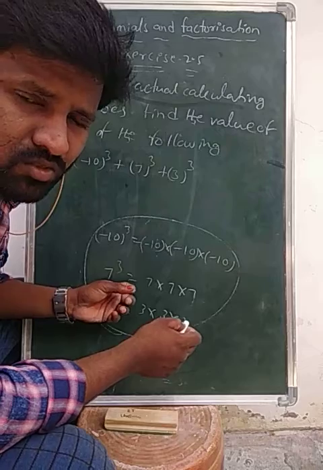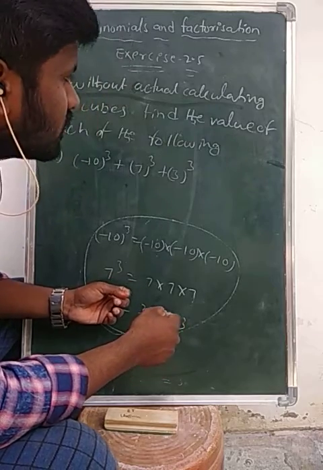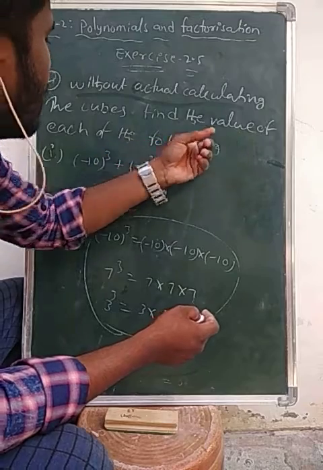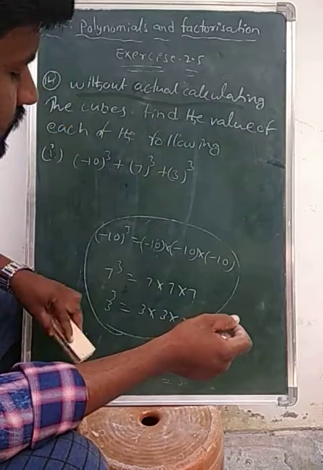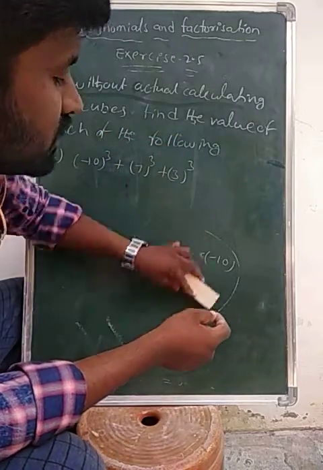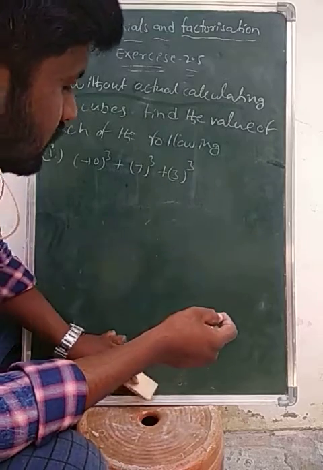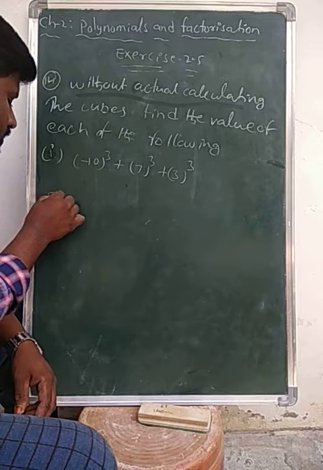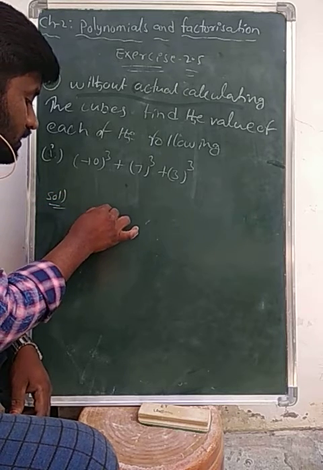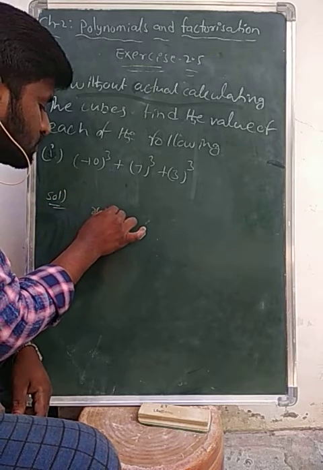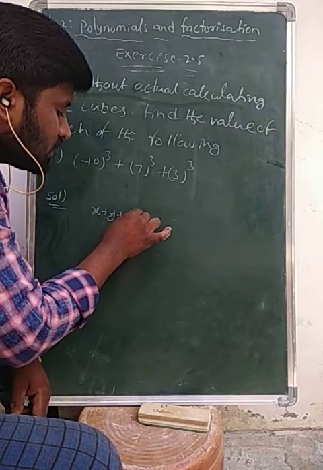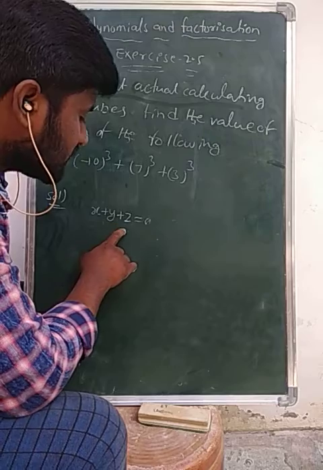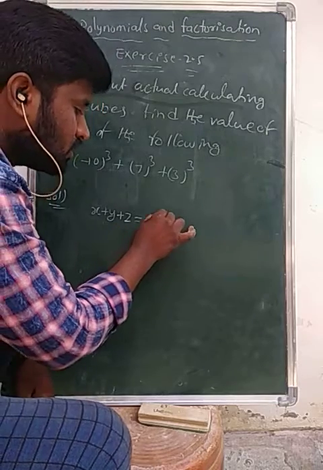Without doing like this, without actual calculating, find the value of each of the following. So we have to find out the answer without doing it this way. We would use an identity. What is the formula? x plus y plus z is equal to 0.